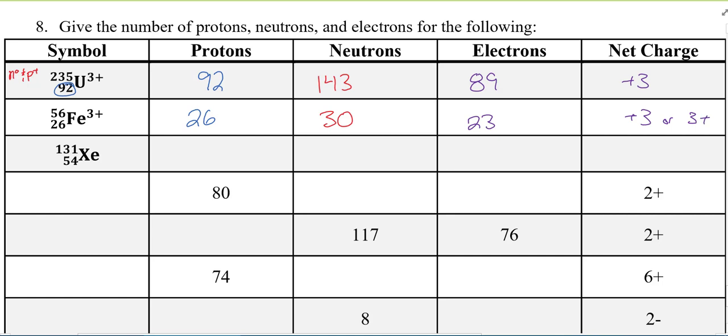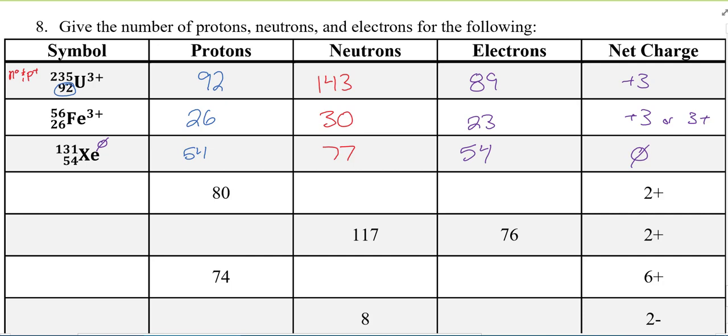Xenon, 54 protons. How many neutrons? Looks like it's 77 if we subtract 54 from 131. Electrons, well, no charge, so 54.